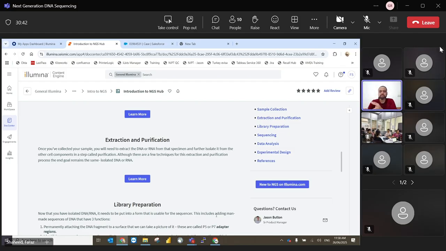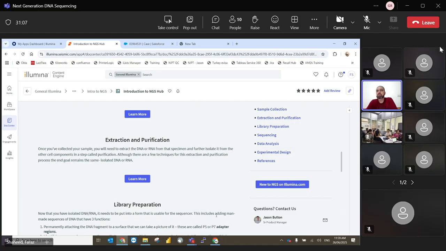And when I give presentations about the products that Illumina sells, Illumina is, just to introduce it to you guys, the market leader of next generation sequencing. Almost 90% of the genomic data in the world is produced on Illumina sequencers. There are a couple of other companies that you can study for next generation sequencing, like Oxford Nanopore.